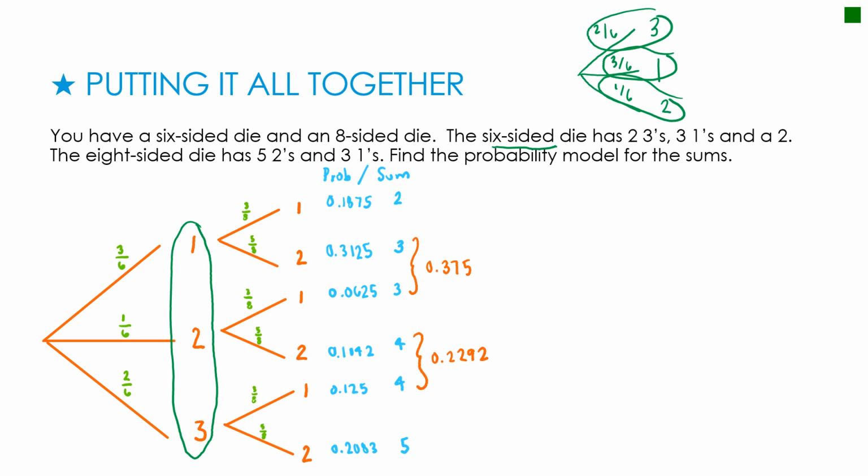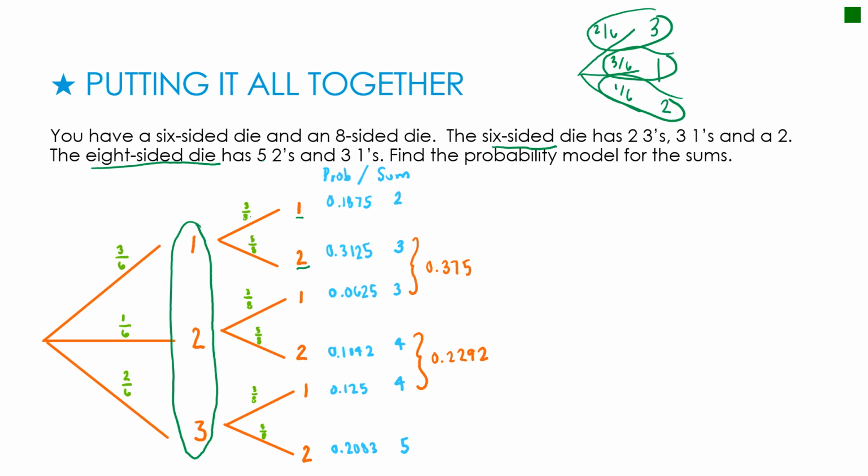My second event is rolling the 8-sided die, which has 5 2s and 3 1s, so an outcome of 1 is 3/8, an outcome of 2 is 5/8, and I copied and pasted each of those values.